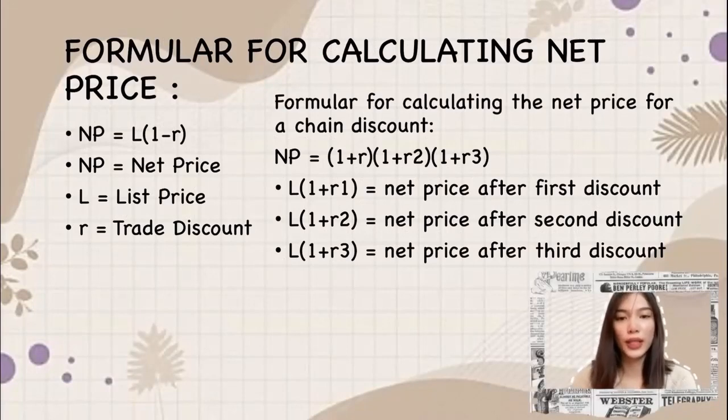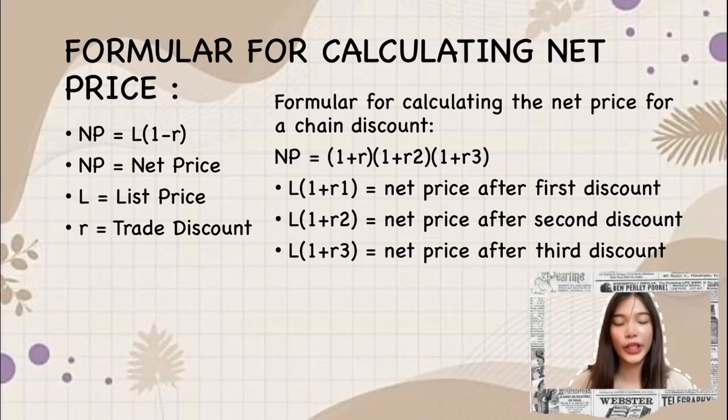The formula for calculating net price is NP equals L open bracket 1 minus R close bracket. NP is net price, L is list price, R is trade discount. The formula for calculating the net price for a chain discount is NP equals L open bracket 1 plus R1 close bracket open bracket 1 plus R2 close bracket open bracket 1 plus R3 close bracket.